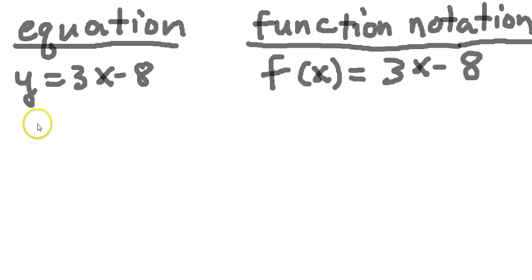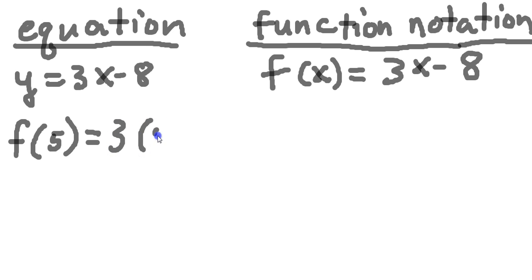So we have f of x, and when we put an actual number in, we write f, open parentheses, 5, close parentheses, equals 3, open parentheses, 5, close, minus 8. So that's f, x equals 5. Any place you see an x, you dump that 5 in.